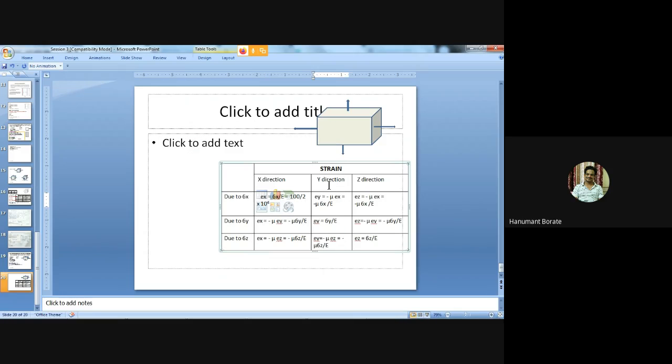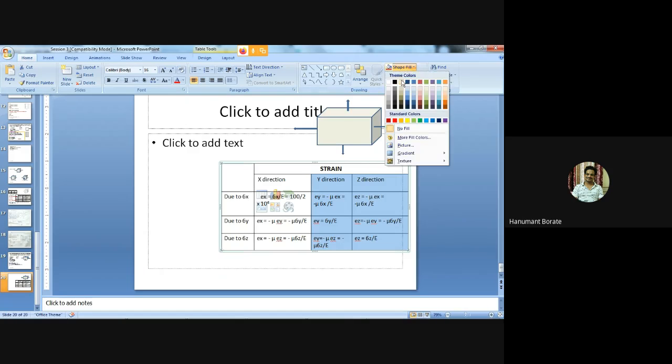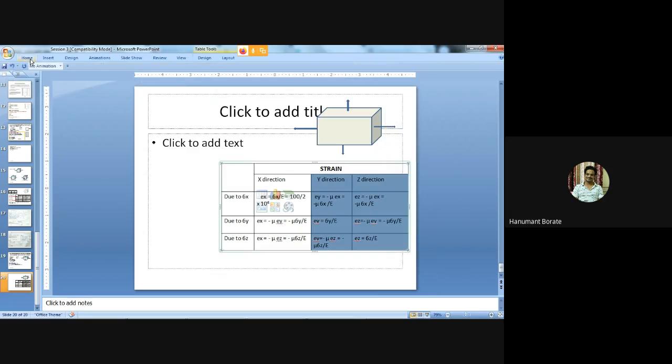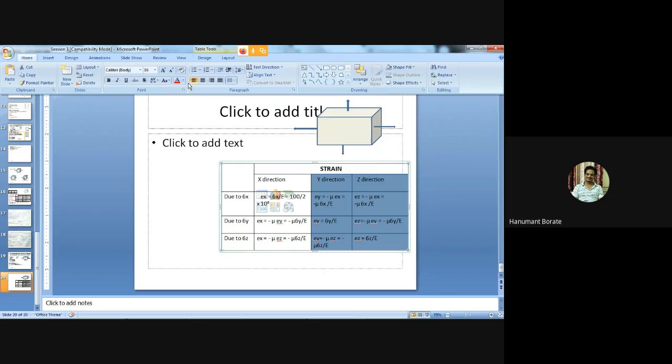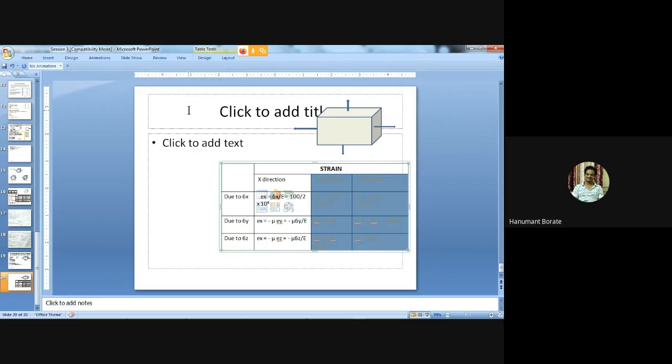Now we are not going to calculate strain in the y direction or z direction, we need to calculate strain in the x direction only.